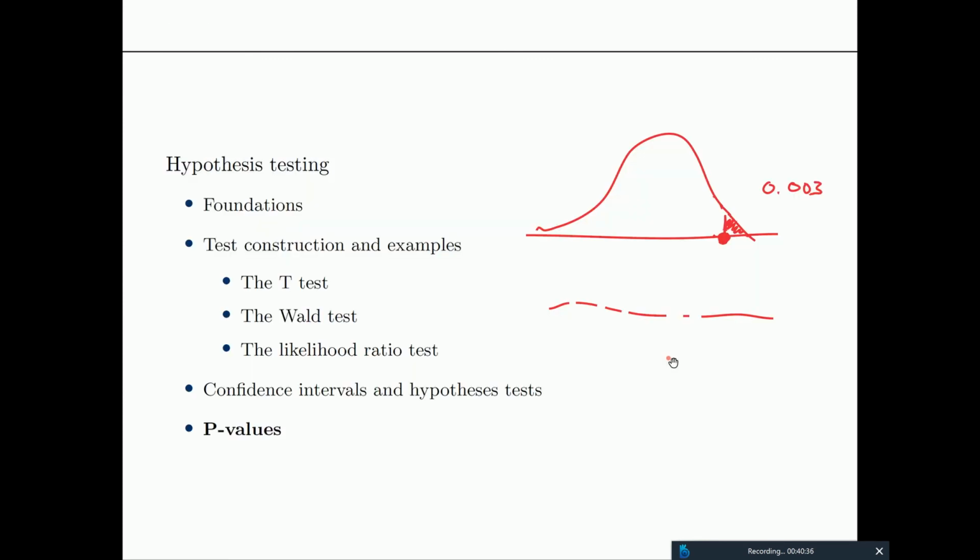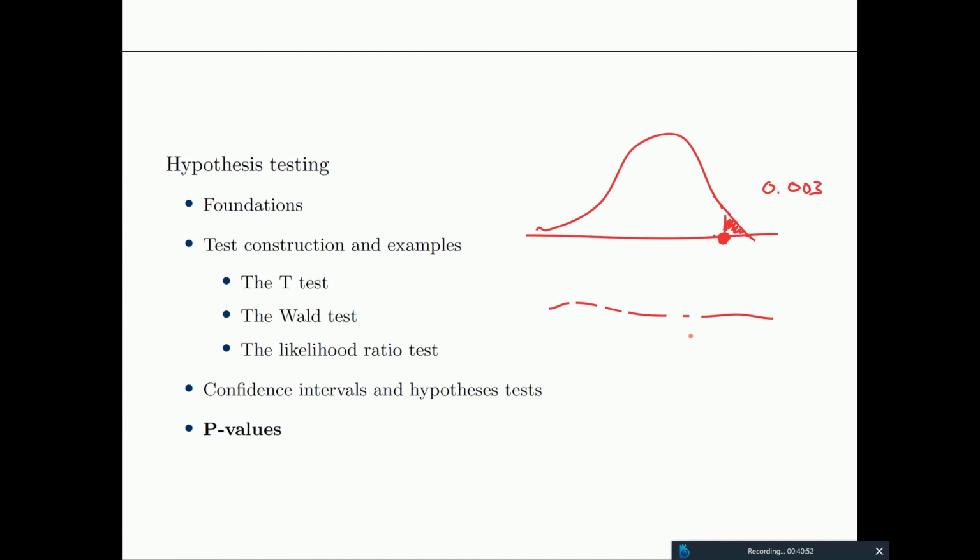The thing is, if in addition to reporting the outcome of your test, you report the p-value, you just report more information. You allow the reader to define their own significance level.